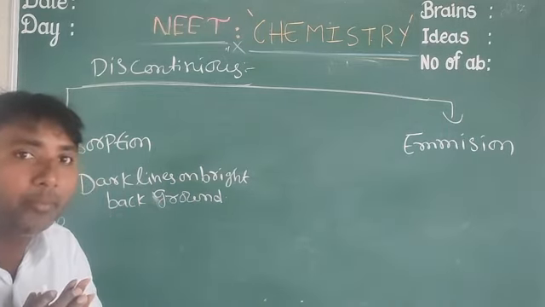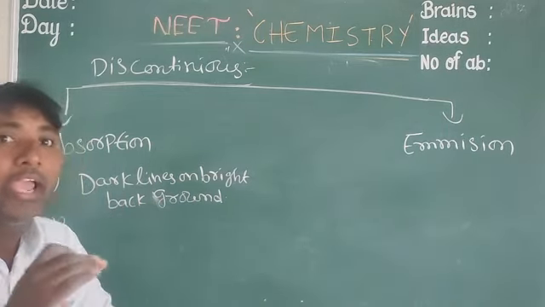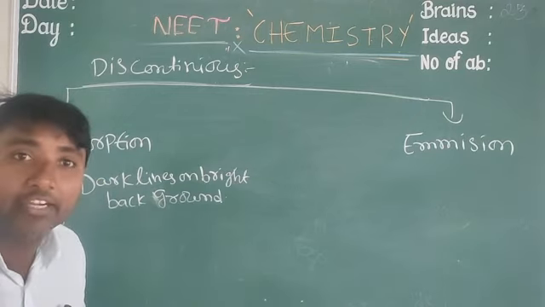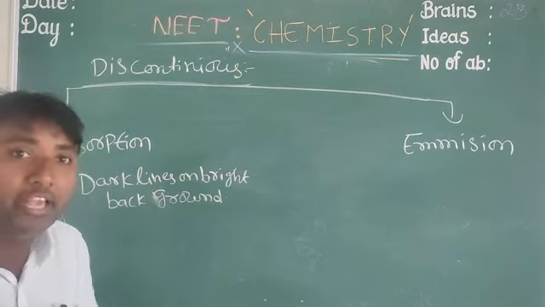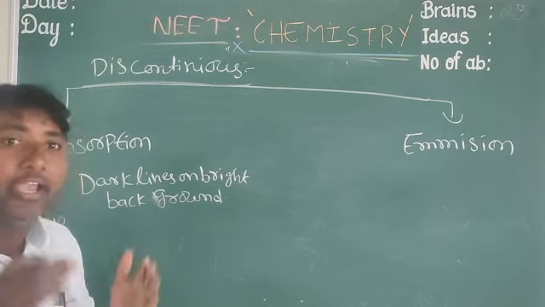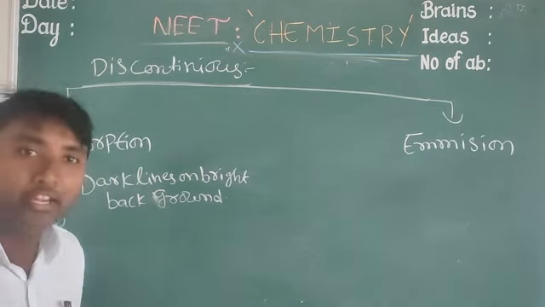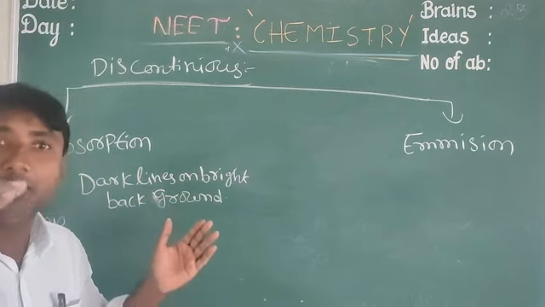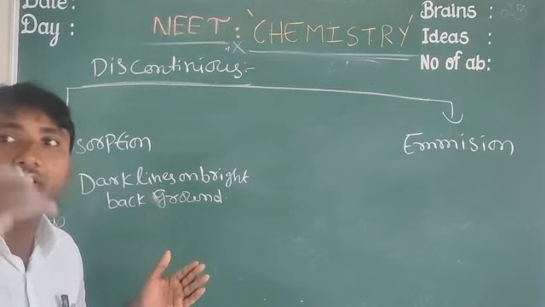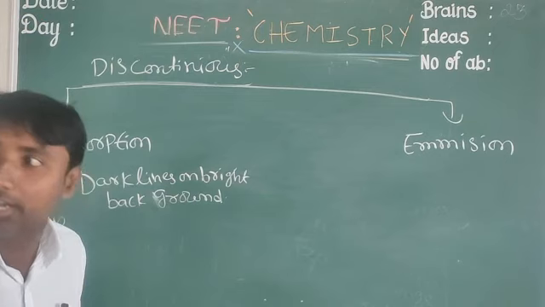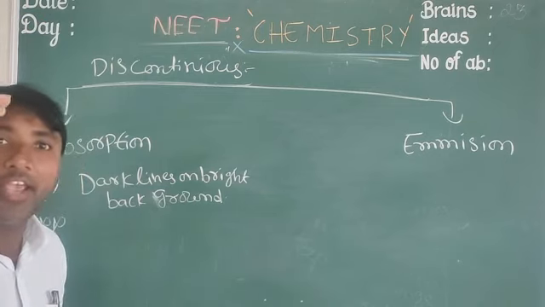Okay. Next, another very important point in absorption spectrum. Absorption spectrum is produced due to excitation of electrons. What is the meaning of excitation? Electrons moving from lower state to higher state. Electrons are jumping from lower energy state to higher energy state. That is called excitation.